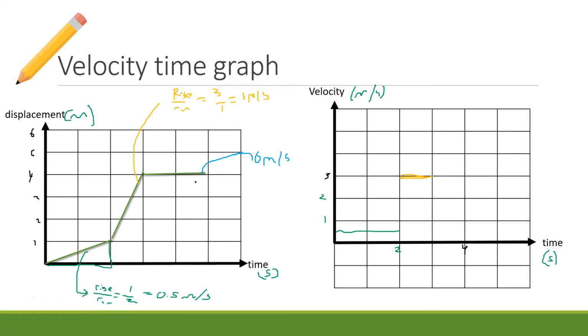And what does 0 meters per second look like on a velocity time graph? It looks like a flat line, just like the other ones, but it's a flat line along 0. So for 2 seconds, it's going to be at rest. It's going to look like this.